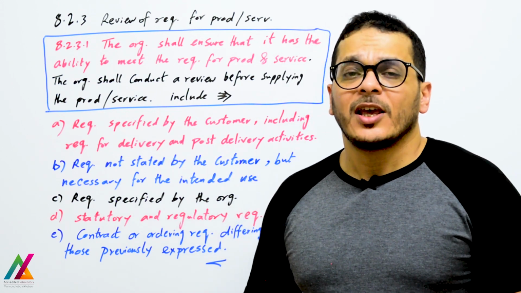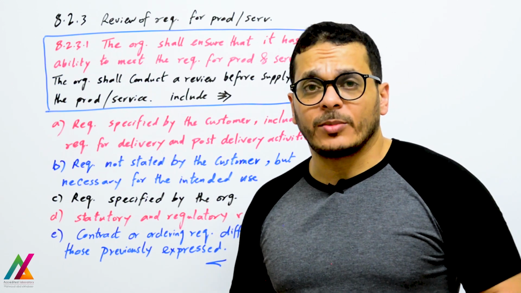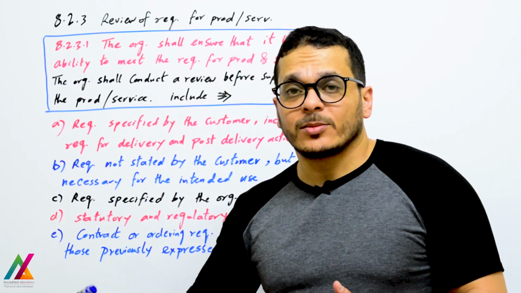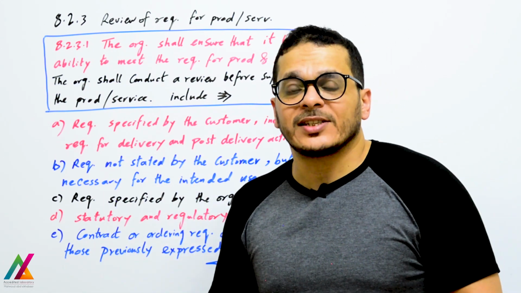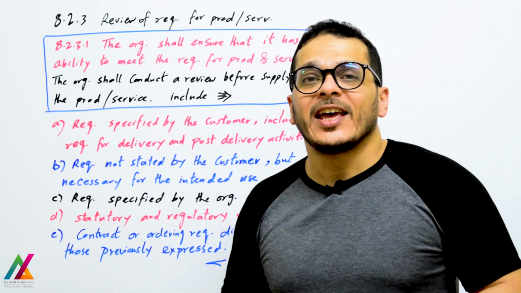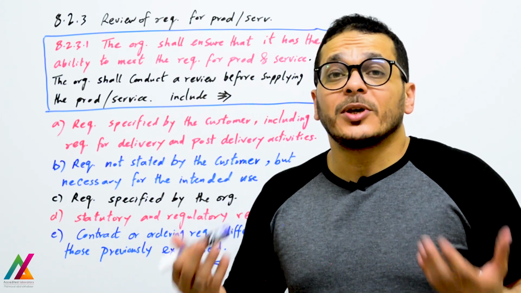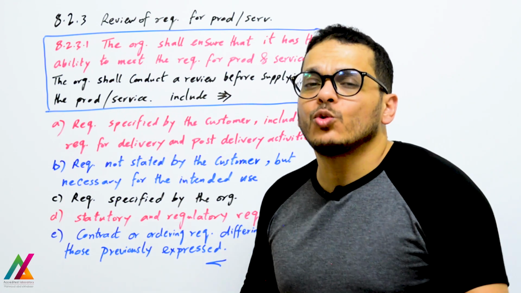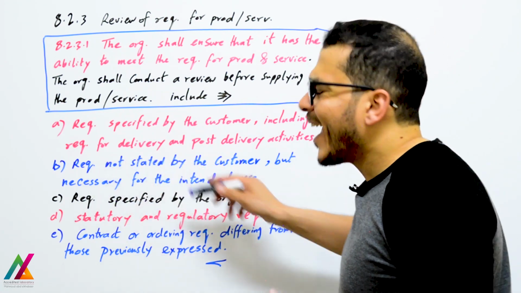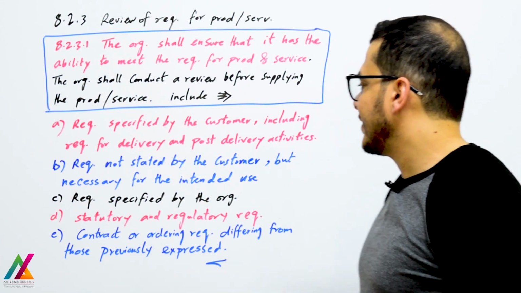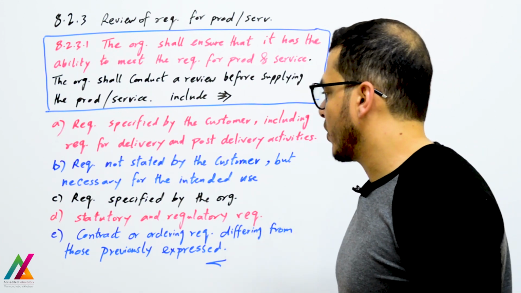Very important, because such as safety requirements, sometimes these requirements are not stated by the customer, he has no experience about the safety requirements, but the organization has previous projects and they know and they have experience about the safety issues, so they shall also review the safety problems or any requirement not stated by the customer but necessary for the intended use of this product or service.